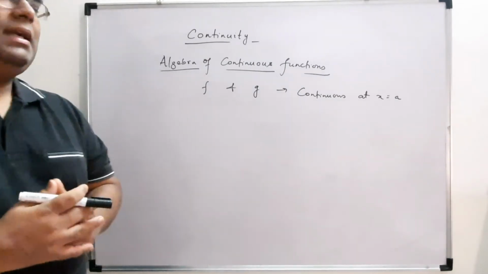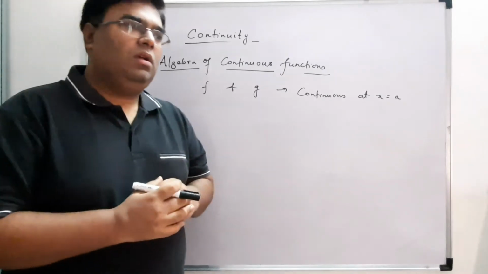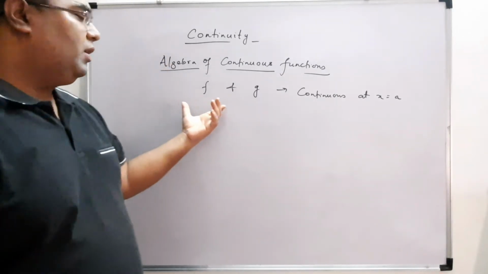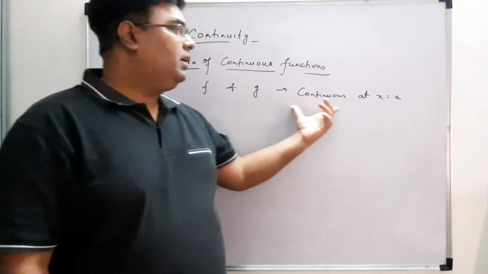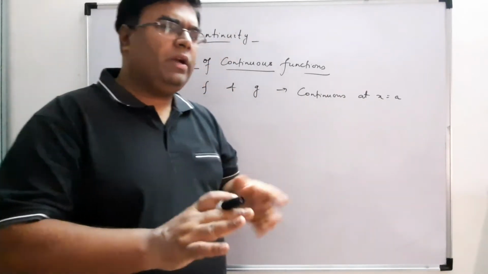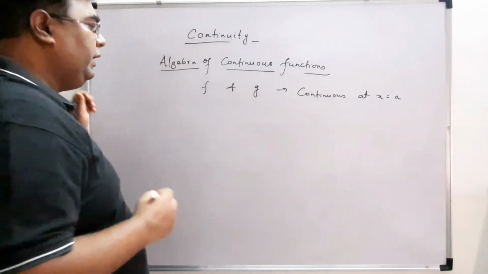Okay, let us understand the algebra of continuous functions. Suppose we have two different functions, f and g, and they are continuous at x equal to a. It is already proved or given that they are continuous at x equal to a.